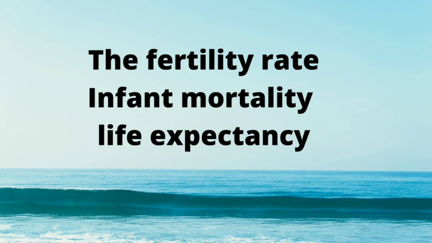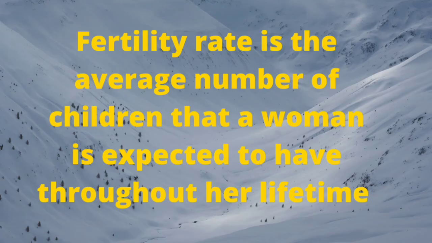The fertility rate is the average number of children born to each woman over her lifetime. That's the fertility rate. Now, how does the fertility rate affect the structure of the population?